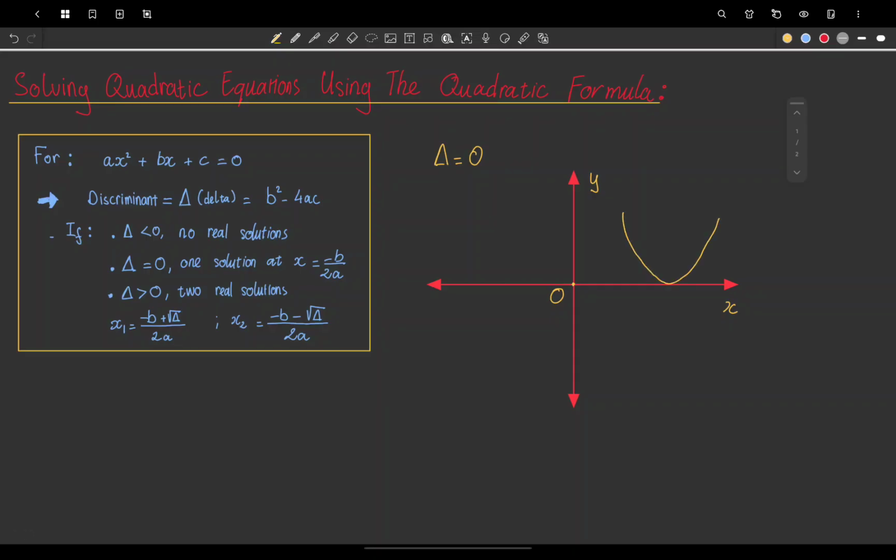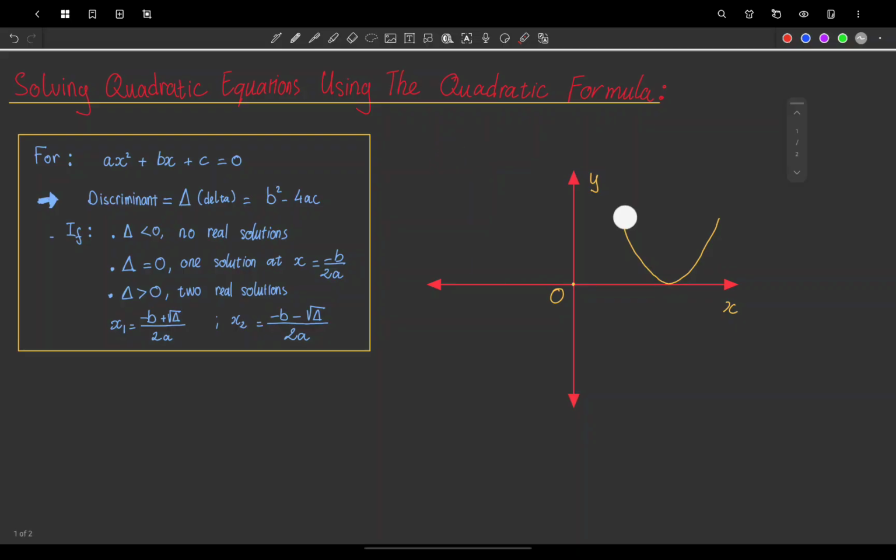Okay, it will look something like that. The parabola touches the x-axis at one point only. There's only one x-intercept, so we have just one real solution at negative b over 2a.